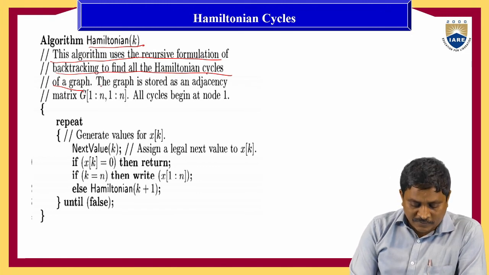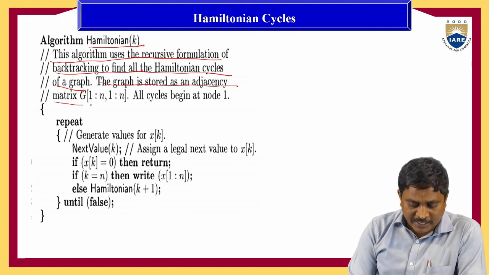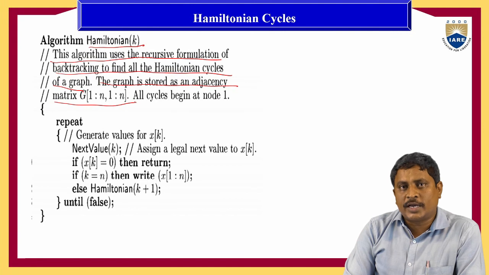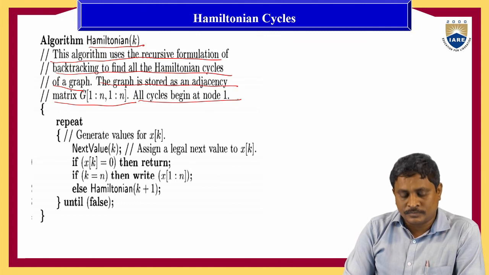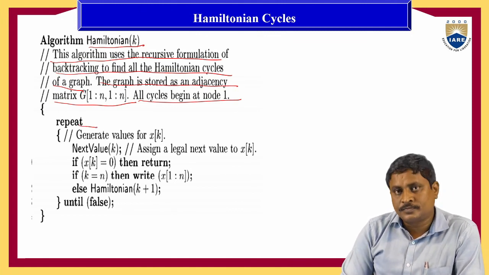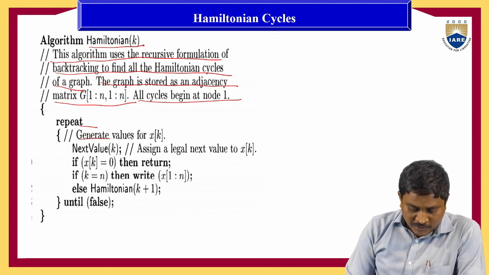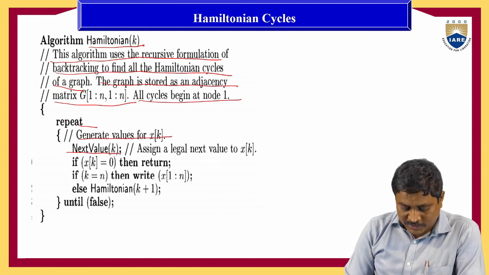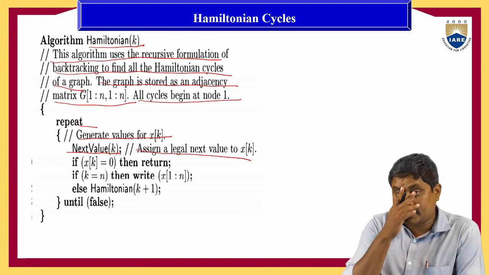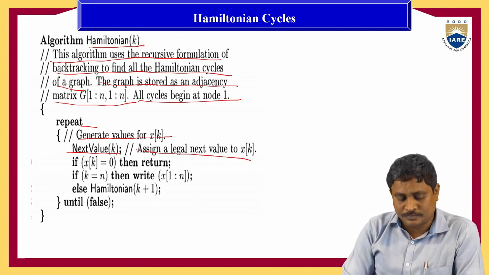The graph is stored as an adjacency matrix G of 1 to n comma 1 to n. All cycles begin at node 1. First, repeat: generate values for x of k. First, next value of k: assign a legal next value to x of k.